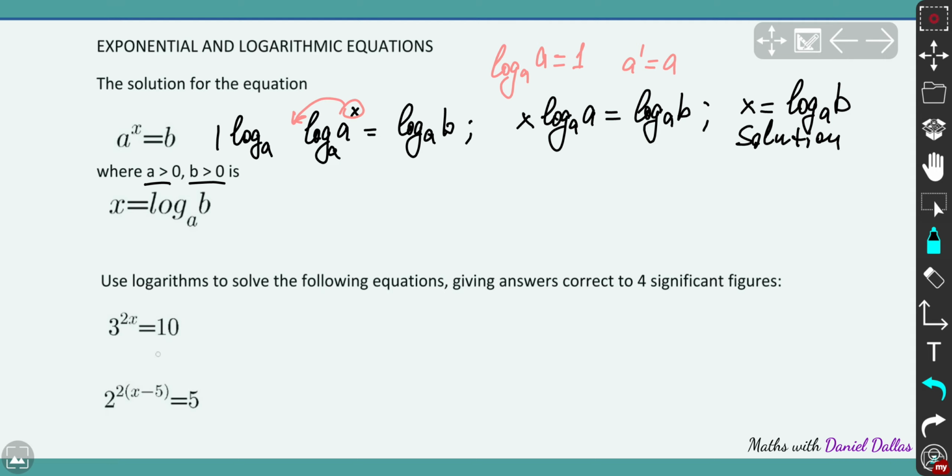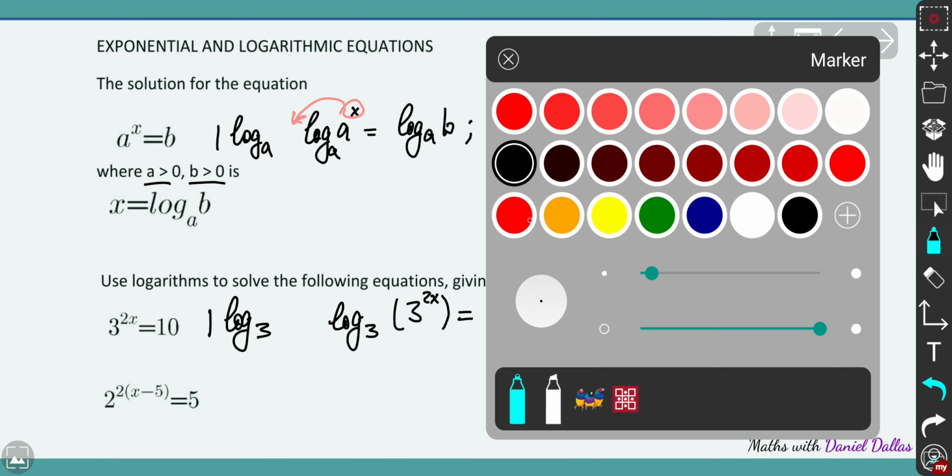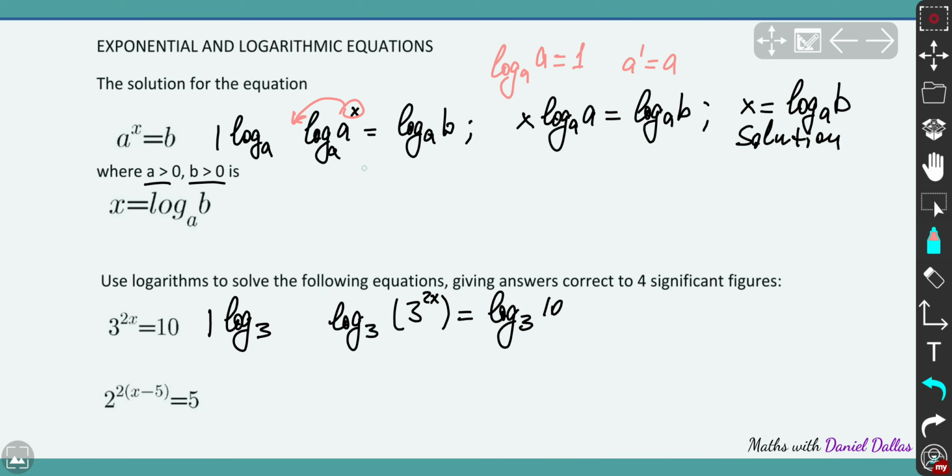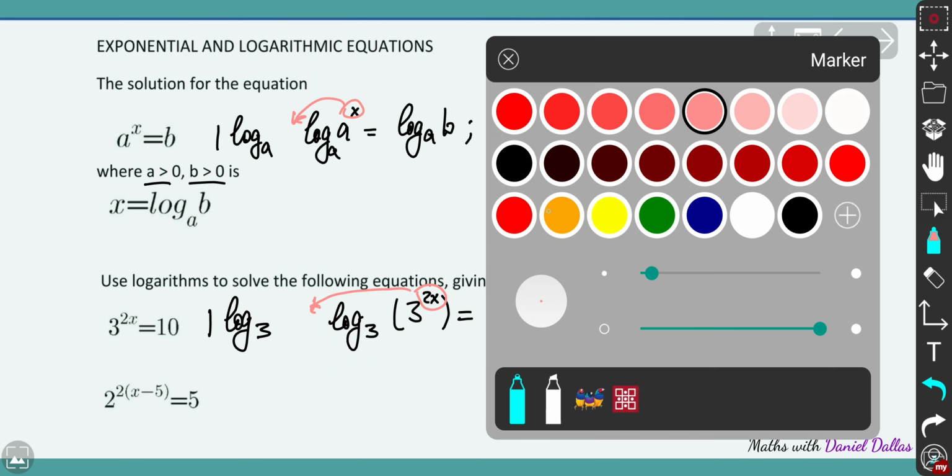3 to the power 2x equals 10. Because the base is 3, we can apply log with the same base 3 to both sides. So we will have log base 3 of 3 to the power 2x equal to log base 3 of 10. Using the property, we do the same thing as I showed here: 2x goes before log, as the factor.